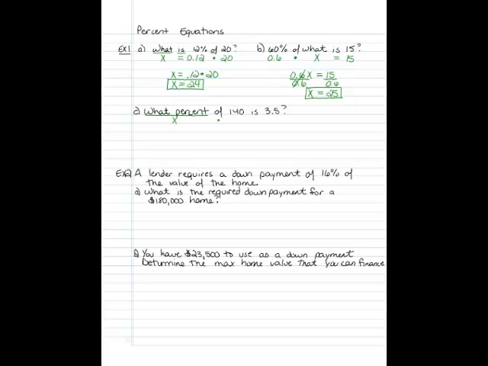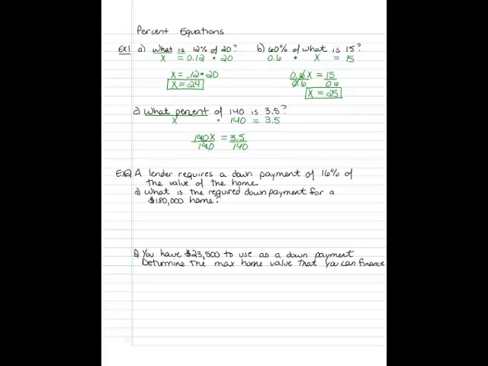Of is multiplication. There's 140, is, there's the equal sign, 3.5. So we have x times 140 equals 3.5. We're probably more accustomed to seeing this written in reverse order. So I'm just going to say 140x, which is the same thing, just flipped around, equals 3.5. Solve for x. So divide both sides by 140.